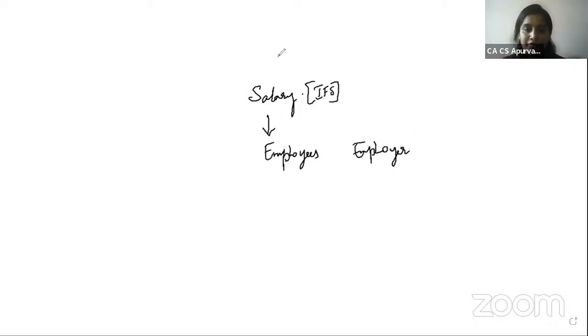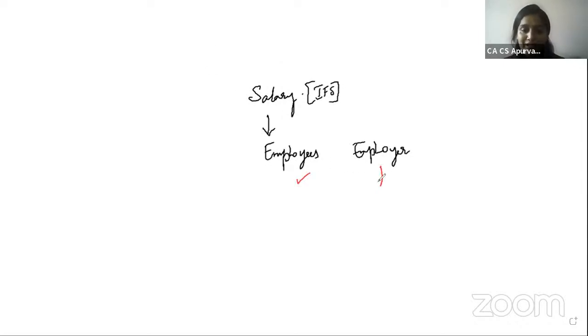Before going to the charging section, you should understand the basic considerations for the taxation of salary. When we are studying this chapter, income from salaries, IFS for short, you should think from the employee's point of view, not from the employer's point of view.